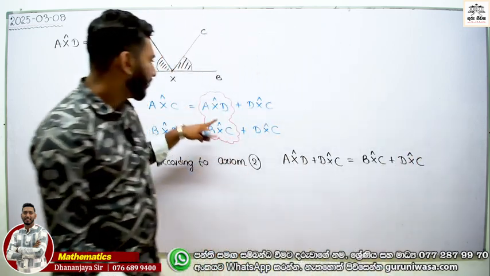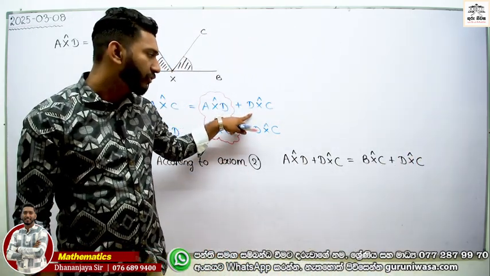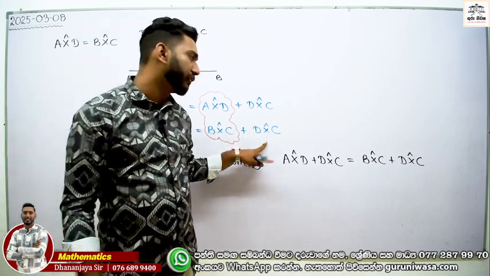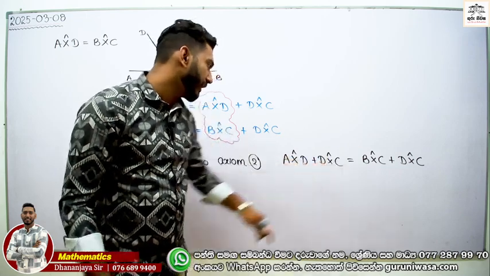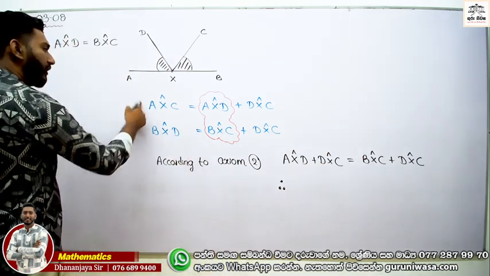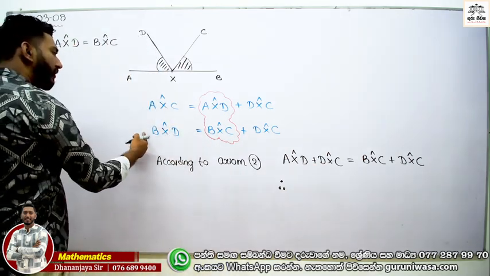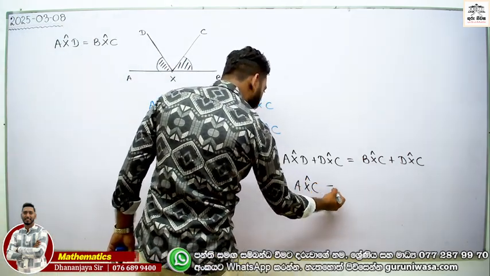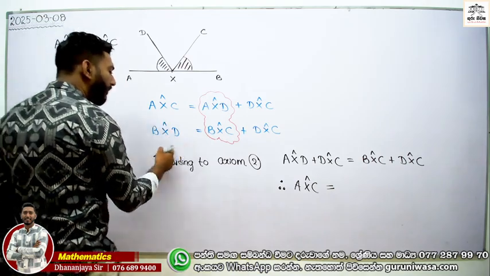These two things are equal. Therefore, angle AXC equals angle BXD.